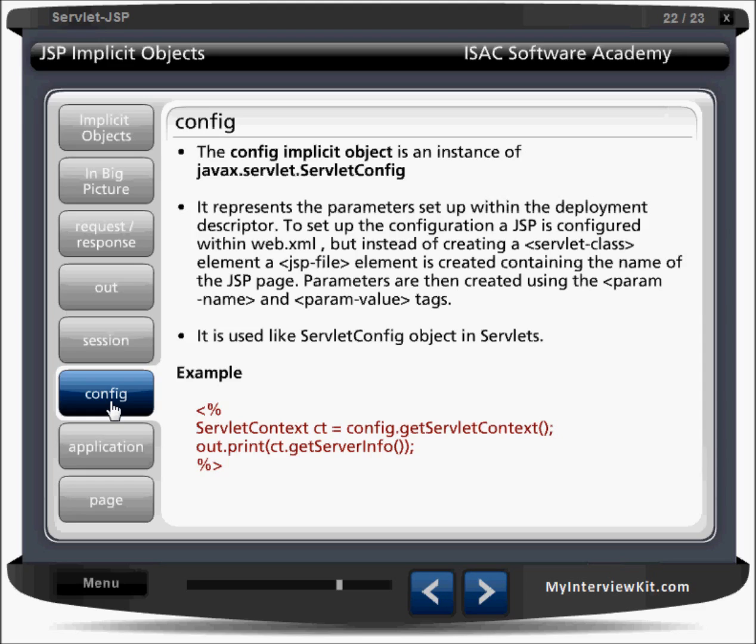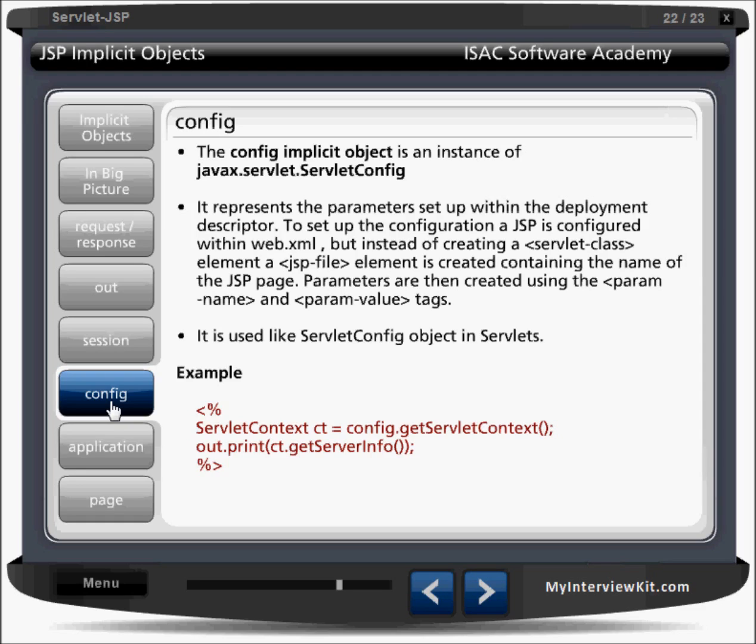You can just say here config.getServletContext. So retrieving the servlet context, and then we are saying getServletInfo. We'll get the information of that servlet. So config is the object of ServletConfig. Any configuration information you want to retrieve from the JSP page, you can get it from that, right?